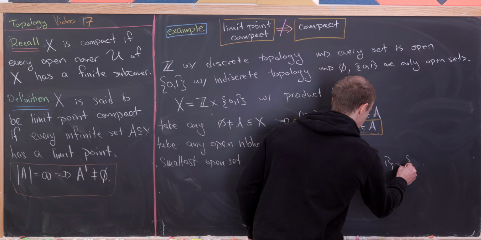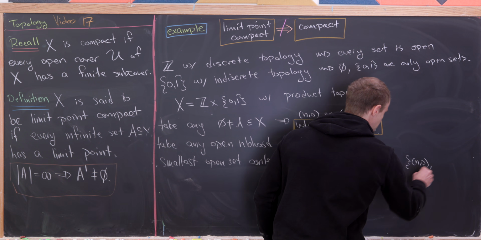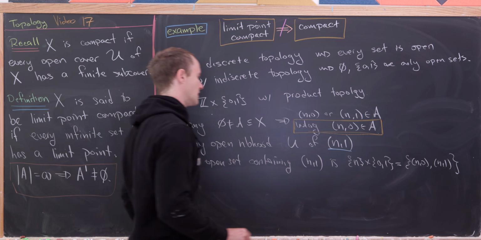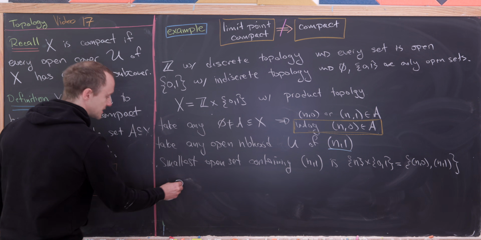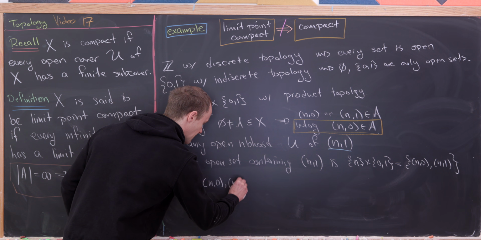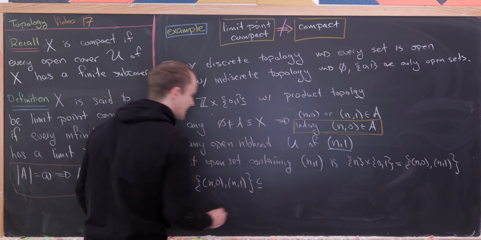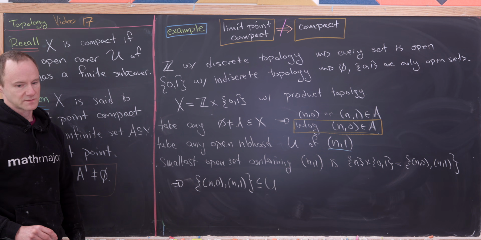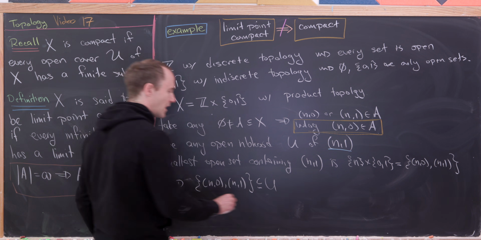But let's notice that this is equal to the ordered pair (n, 0), the ordered pair (n, 1). And putting this all together, that means that we know this {(n, 0), (n, 1)} is in fact a subset of U.